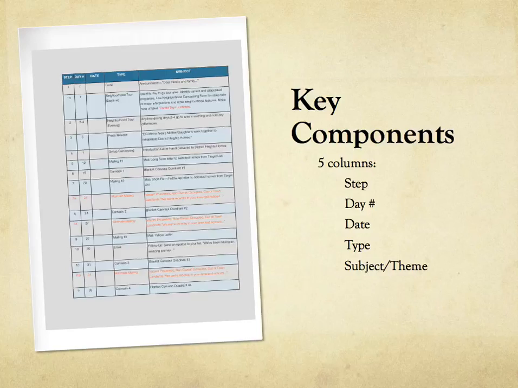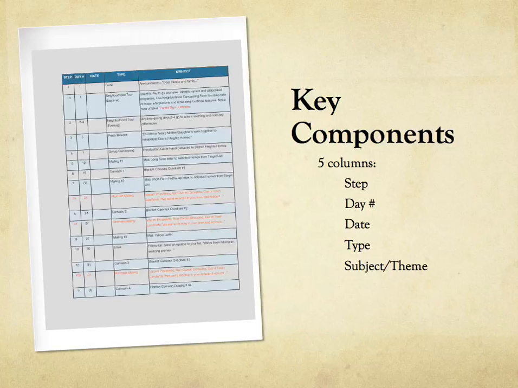Your campaign doesn't have to be exactly this, and it can even be more detailed than this, but this is what you want to have in place before you get out there and start marketing.